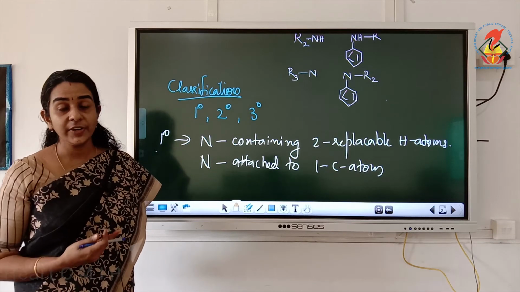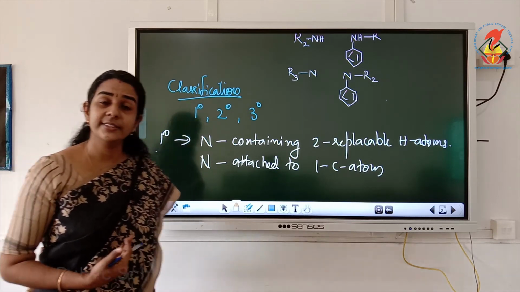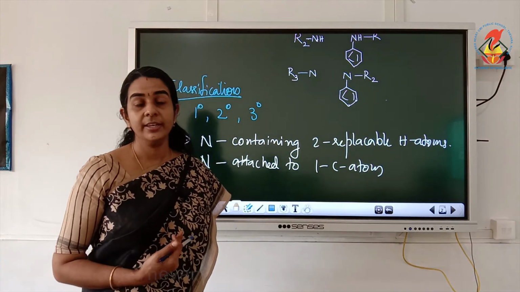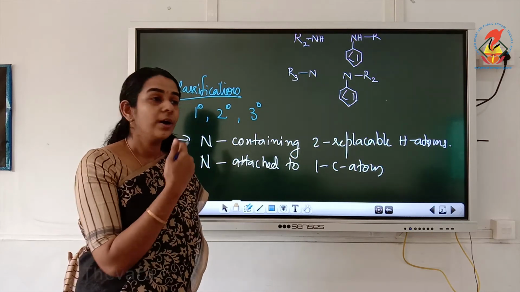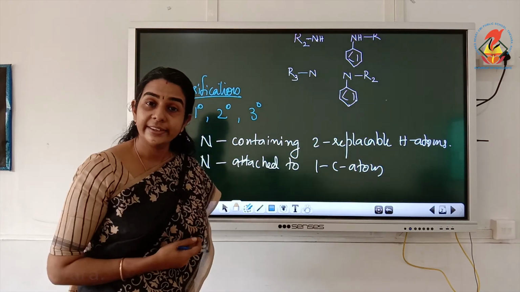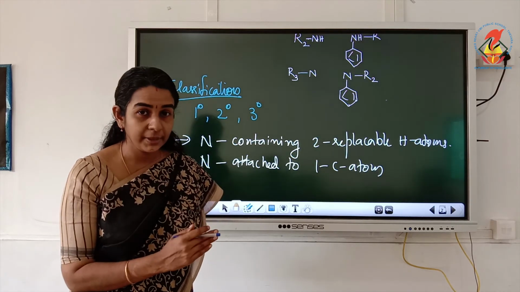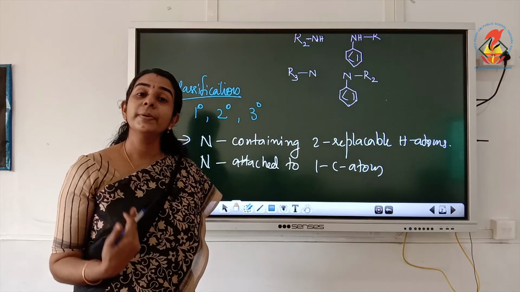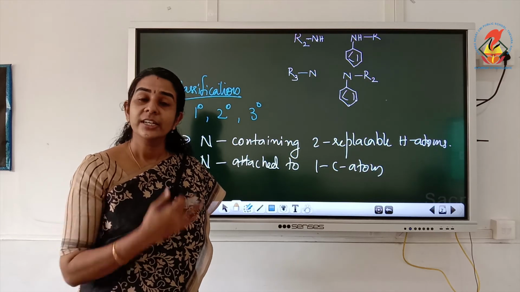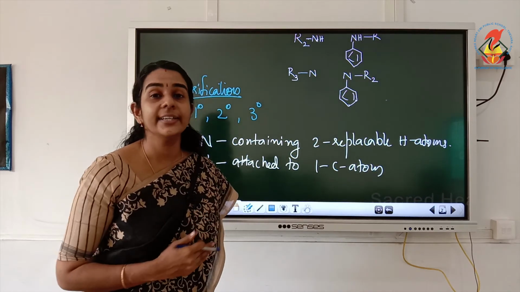So we can check whether the given amine is primary, secondary or tertiary by looking at the nitrogen atom. If it is NH2, it is a primary amine, or we check the number of carbon atoms to which the nitrogen atom is attached.